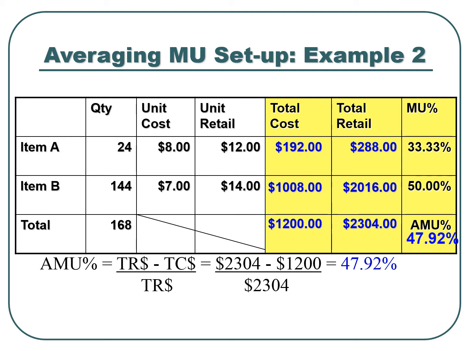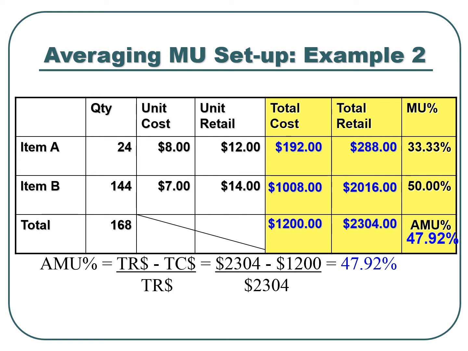Right? So with example 1 and example 2, which one has a bigger AMU percent? We see that example 2 has a bigger AMU percent. Why is that? That's because although we use the same markup percent for the individual item groups, their quantity is now different.